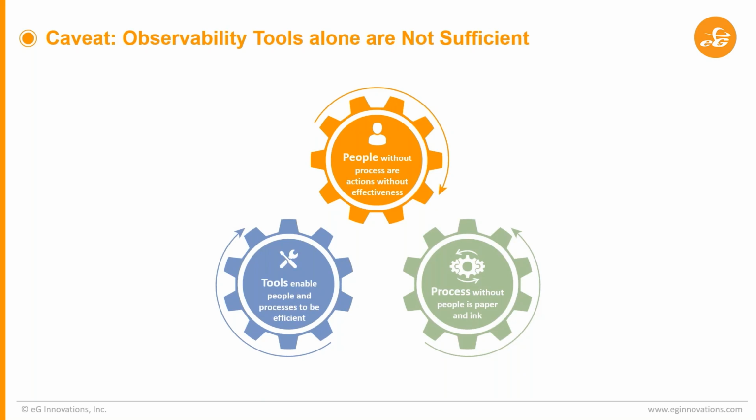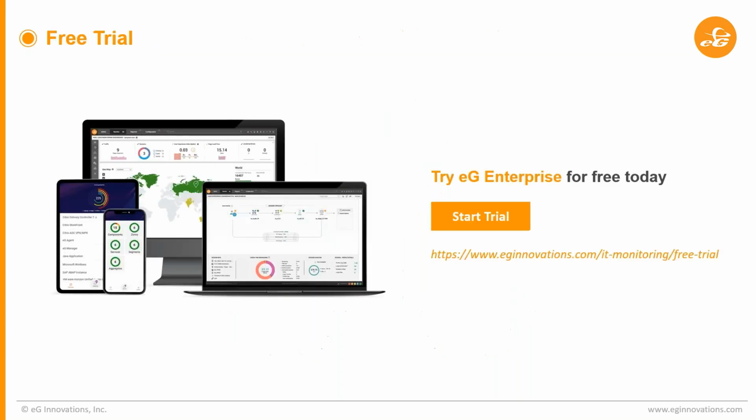So you need the right people with the right expertise, but you also have to make sure that you have put the processes in place to align with the best tools and the best people to ensure that your IT operations becomes effective. So please do not underestimate the value of people and processes. Tools by themselves will not give you the results that you're seeking. In an ideal world, you want all three to be well aligned to deliver the best results.